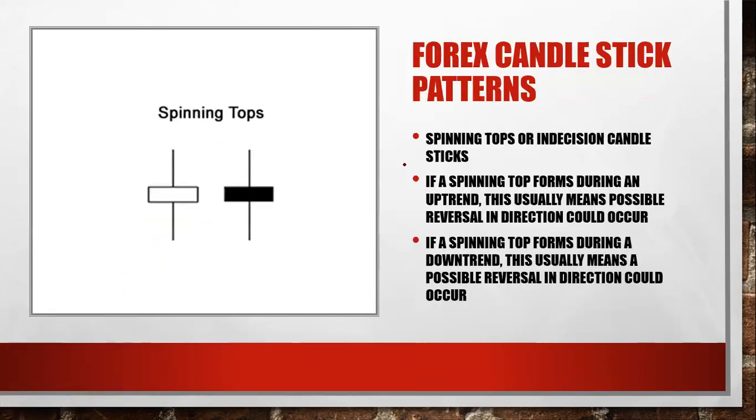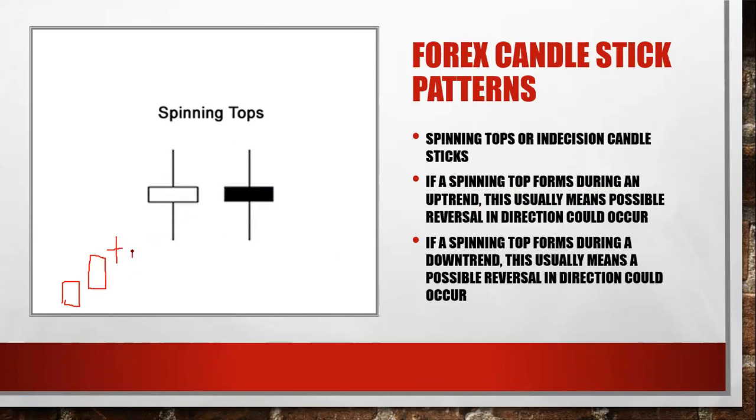These are called spinning top patterns, okay? These are either at the top or at the bottom of trends. As you can see over here, if a spinning top forms during an uptrend, this usually means a possible reversal in direction could occur. So if you have your market going like this, you have your candle, you have your next candle, you have one that forms here.